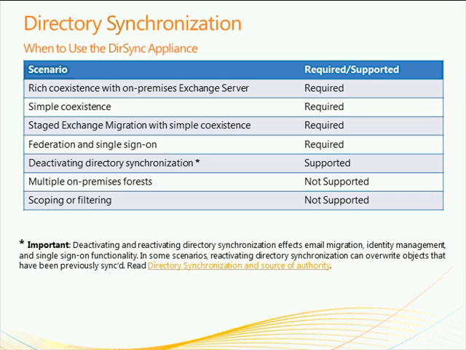If you deactivate it but then reactivate it later, the DirSync appliance needs to then go out and join these different types of objects together. And in most cases, it can figure it out. But in some cases, you might have objects that get munged and or incorrectly formatted, various other problems like that. So be careful when activating or deactivating.